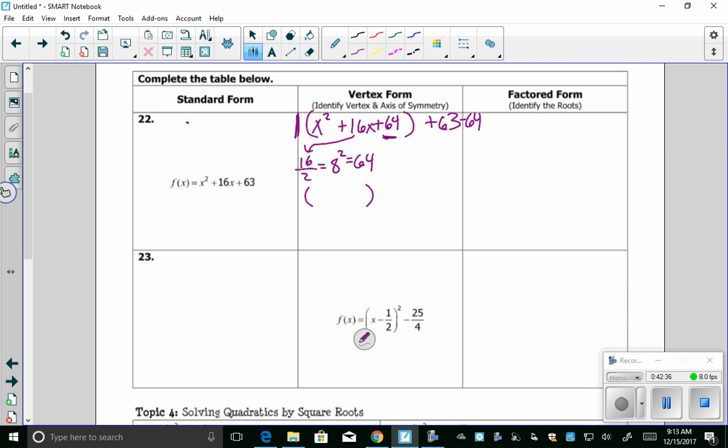So it's going to be x plus 8 squared. This goes here. This goes here. 63 minus 64 gives me negative 1. So that is the vertex form. f of x equals. The vertex is going to be negative 8, negative 1, while the axis of symmetry is just going to be x equals negative 8.